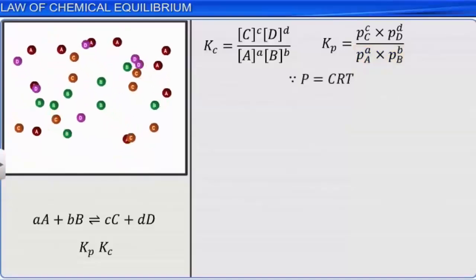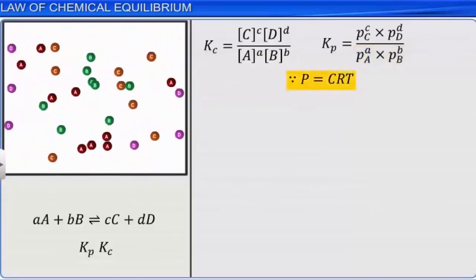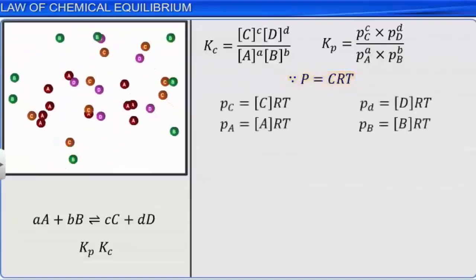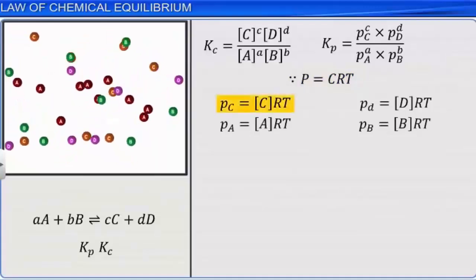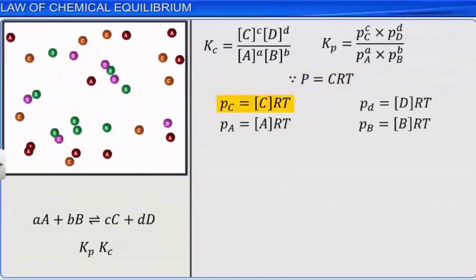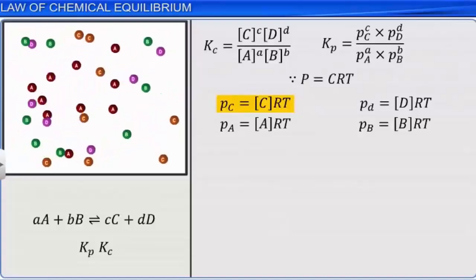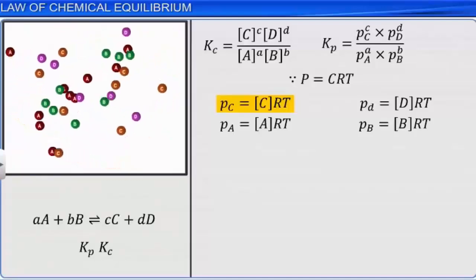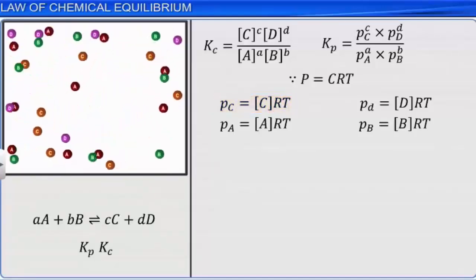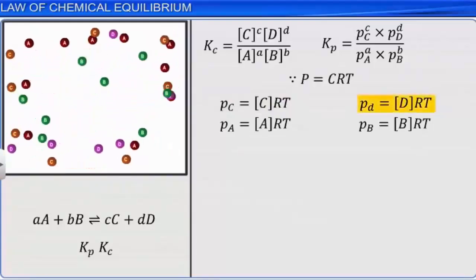Since P is equal to CRT, it can be written as: partial pressure Pc is equal to the concentration of C multiplied by the product of R and T. Partial pressure Pd is equal to the concentration of D multiplied by RT.